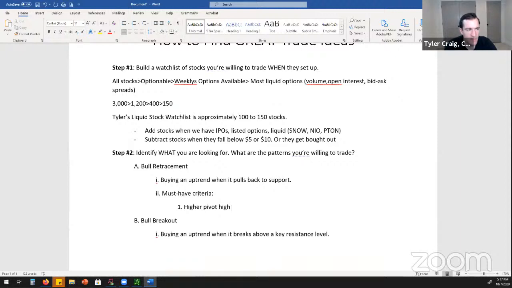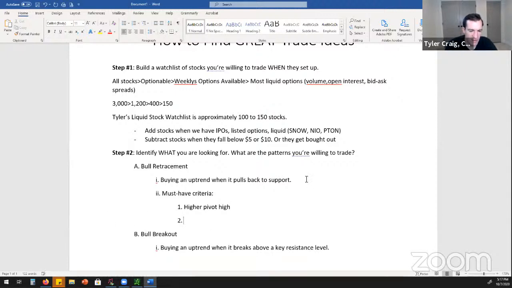If it is an uptrend that did not make a higher pivot high, I'm not buying the dip. I am not buying the pullback. That's a deal breaker. It has to have a higher pivot high. On the pullback, on the retracement, it must be above the 50-day moving average. If it's a pullback and it broke the 50-day moving average, that's a deal breaker.